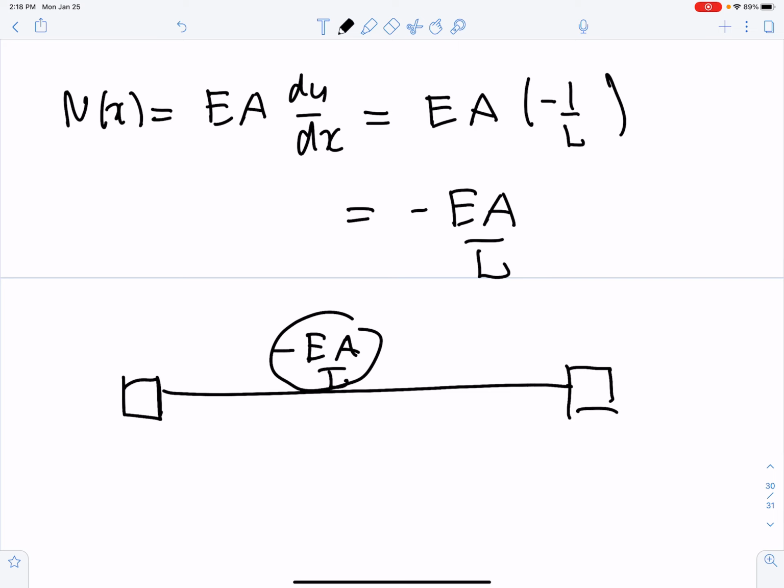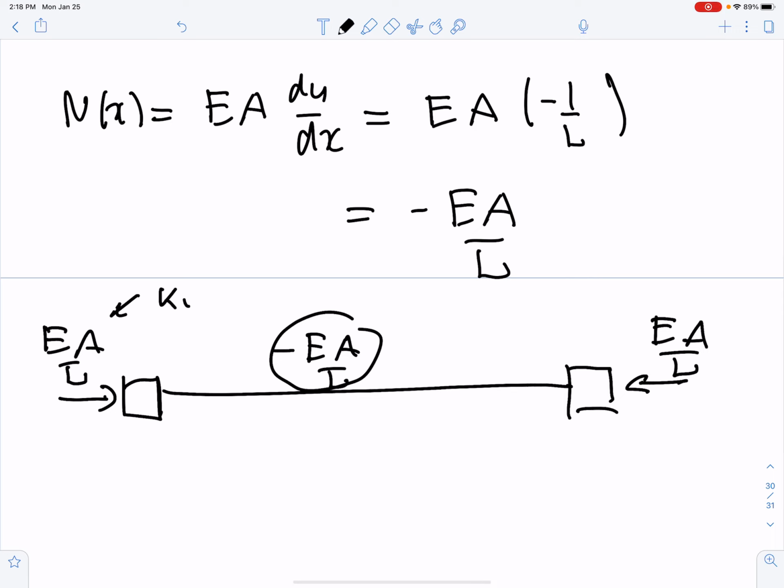You have a force pointing in the negative direction with magnitude EA over L. You go here, you apply normal pointing in minus 1, you get a positive force, EA over L. And so this is exactly K11, and this is exactly K21.